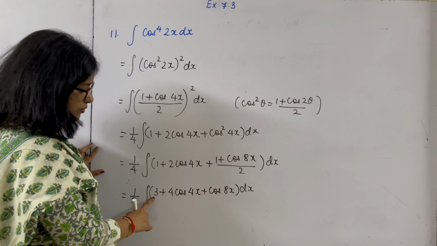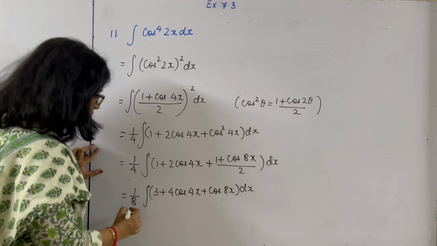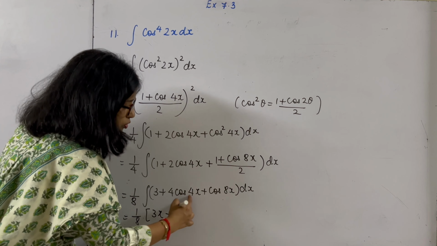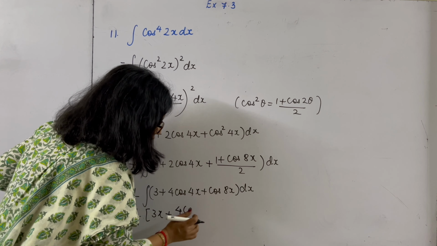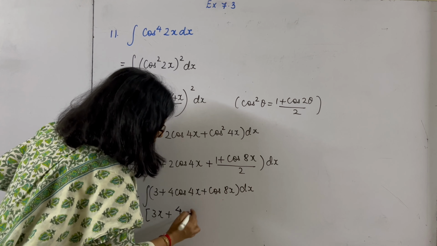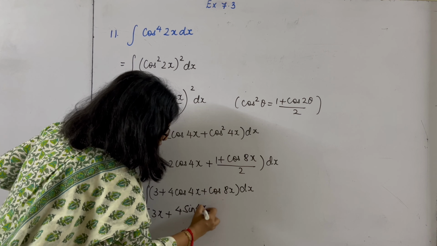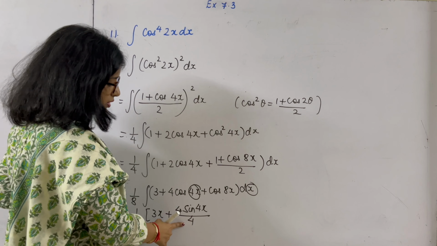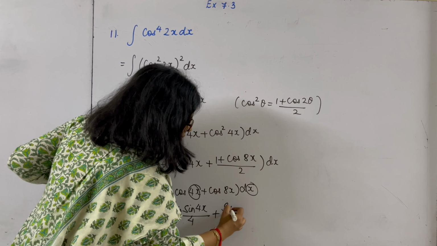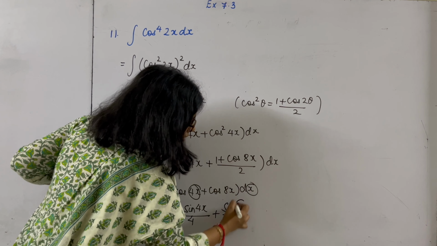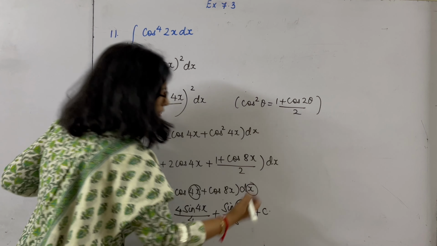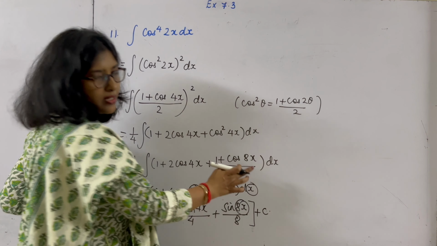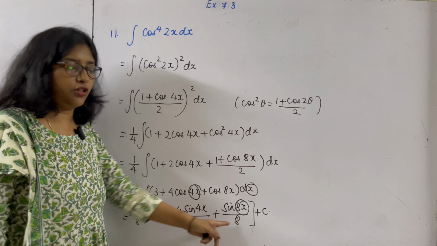Okay, so integration of 3 is 3x. 4 cos 4x is 4, cos integration is sine, and 4x because it is 4x and this is x, once again derivative in the denominator, sine 8x and 8. I hope that's clear. Why do we have 8? Because it is 8x and this is x. So we differentiate 8x in the denominator.